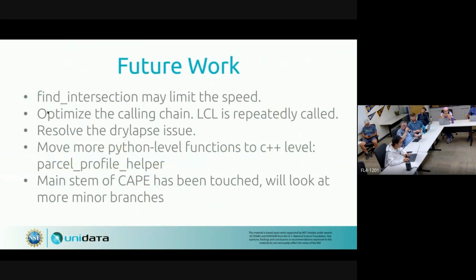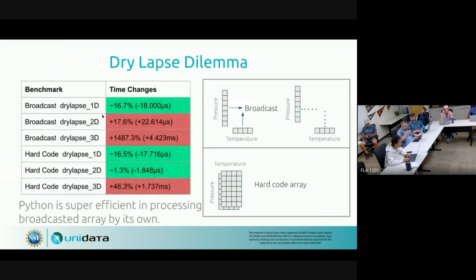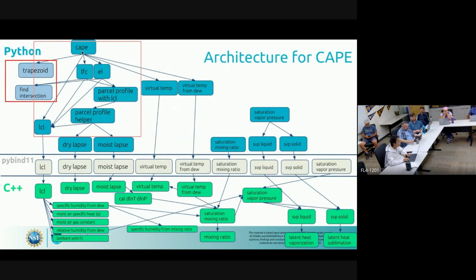And also another thing is, you may have noticed here, the CAPE function is directly calling the LCL, while it is also indirectly calling it through the LFC, EL function, and also the parcel profile function.